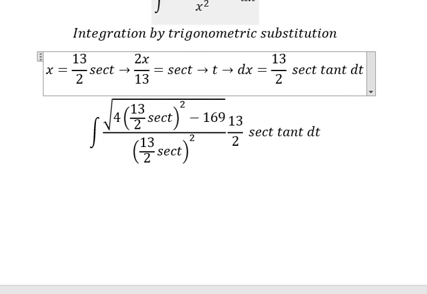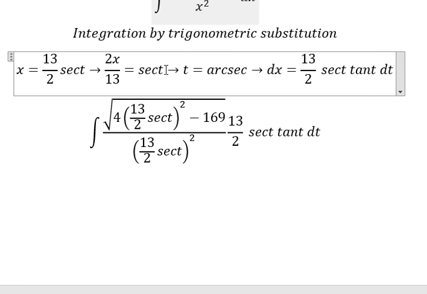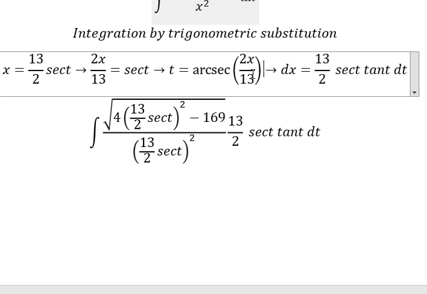And we get t equal to arcsecant of 2x over 13. So I will put this one in for t.